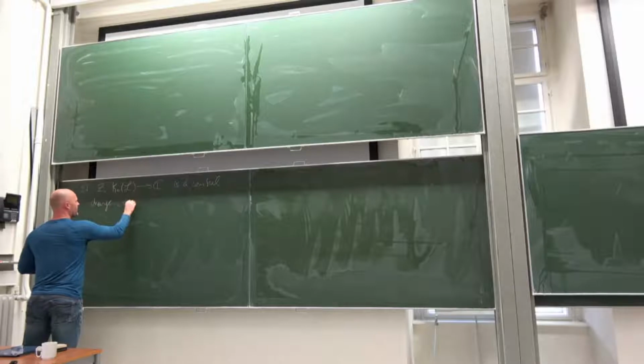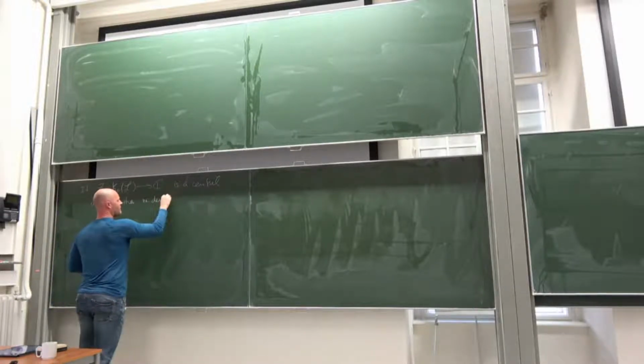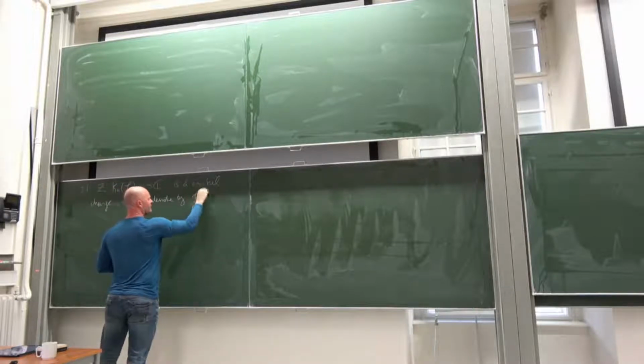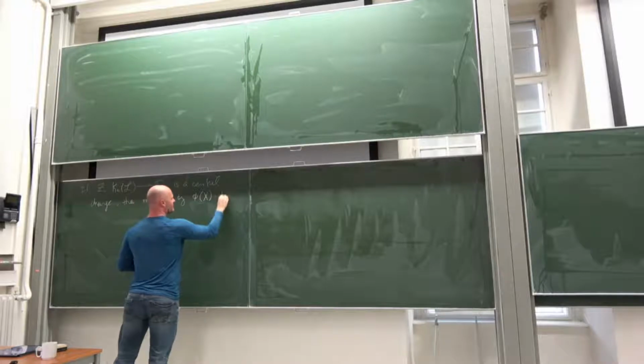To do that, we denote by phi of x, for any object x, the phase of x.